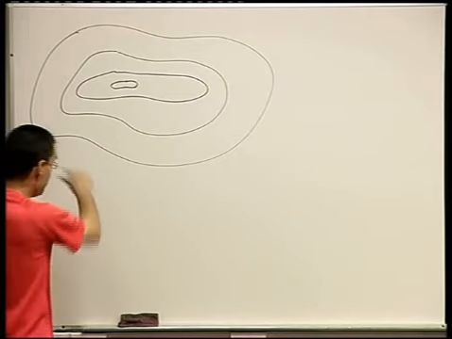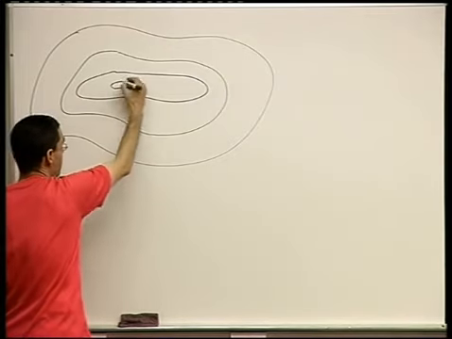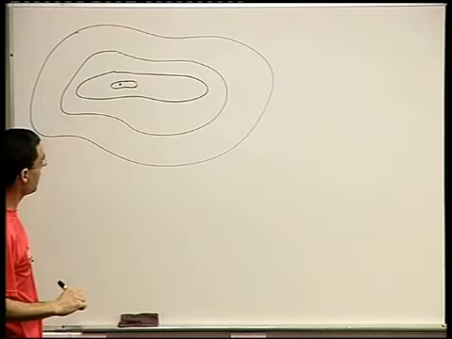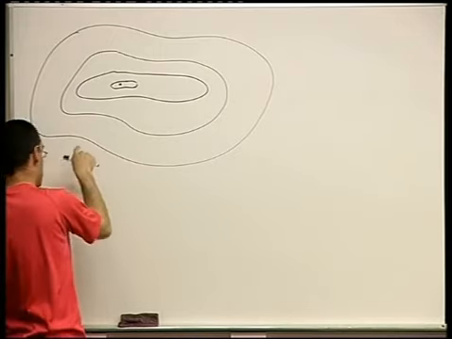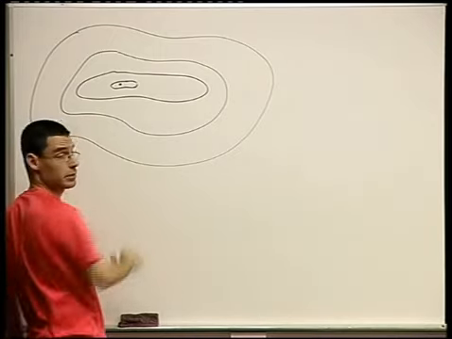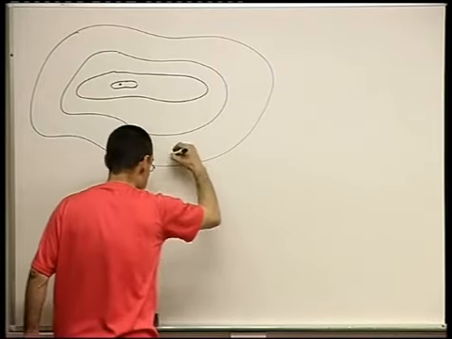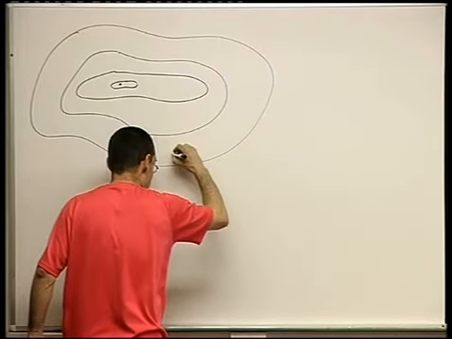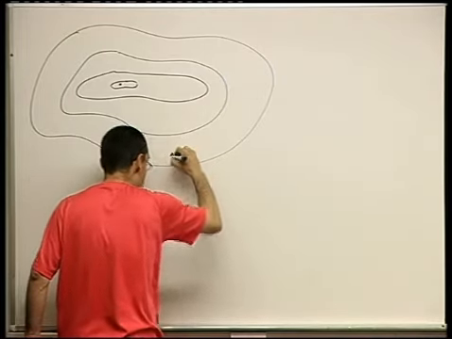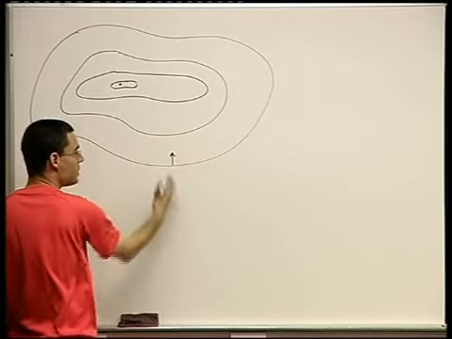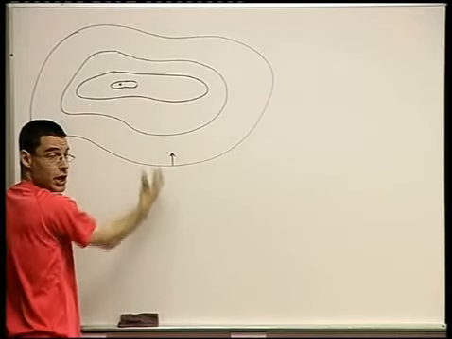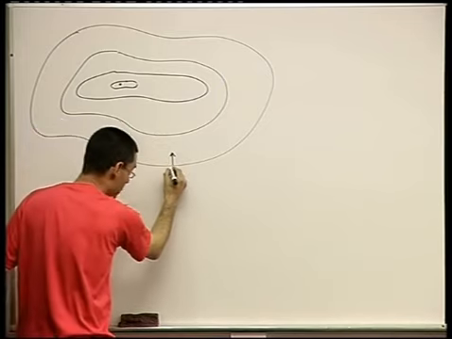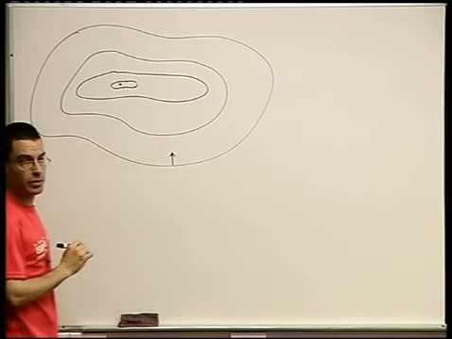And these are the level curves. Here's the summit, maybe up here. And suppose I'm starting my journey down here, or down here. At every point on the xy plane, the gradient is going to be a vector pointing in the steepest direction upwards and perpendicular to the level curve.